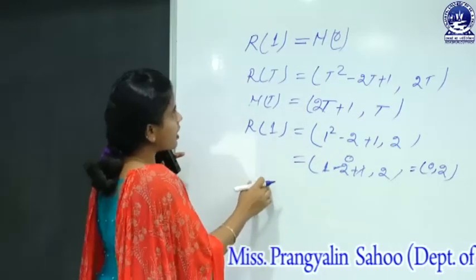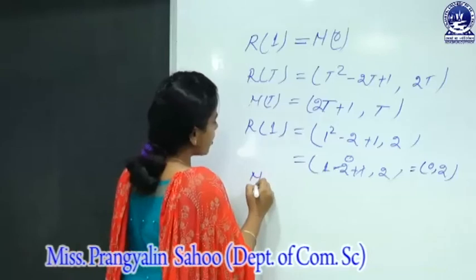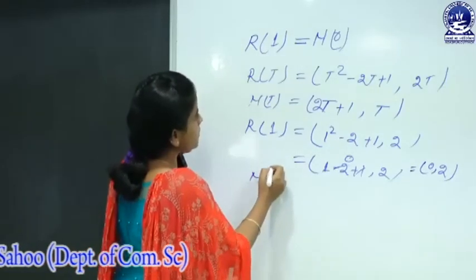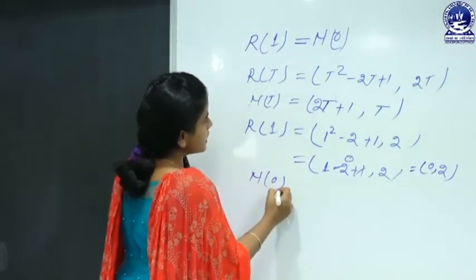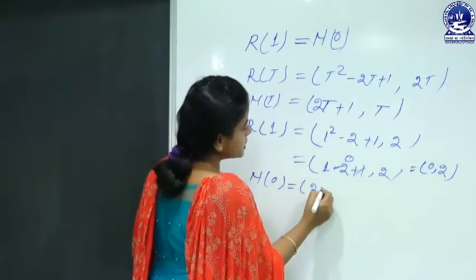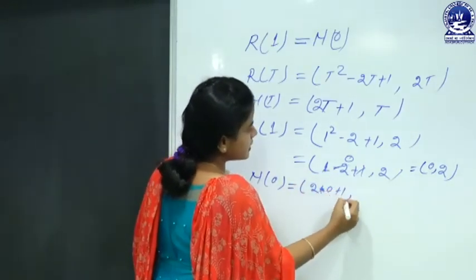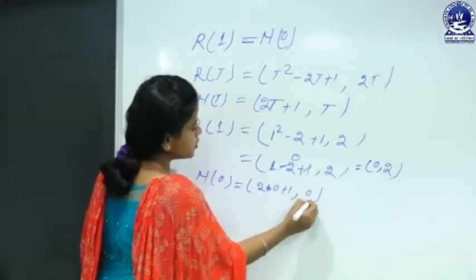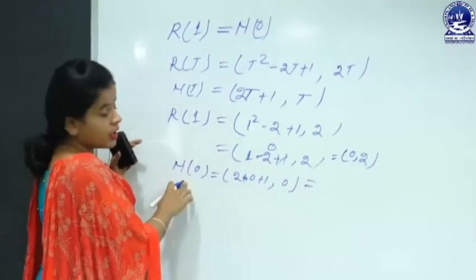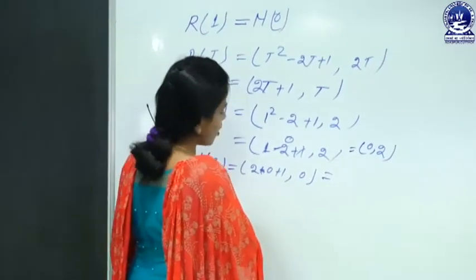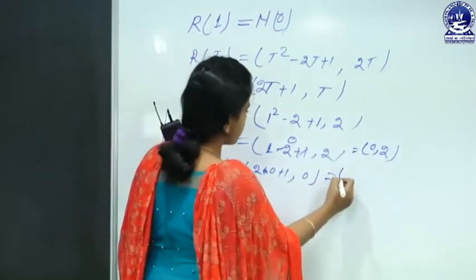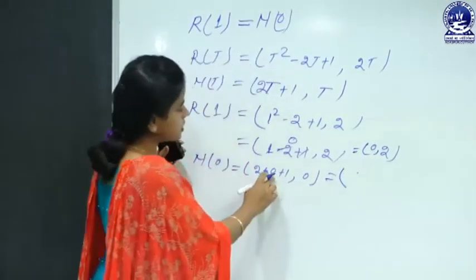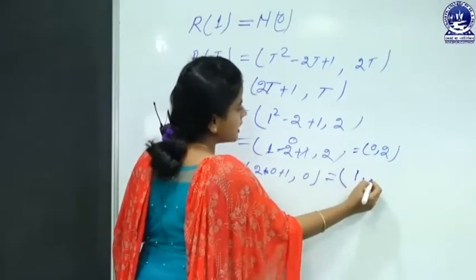Now we find n of 0, that's 2 into 0 plus 1, where the value of t is 0, and the other value is 0. So the zeroth order equation of the curve gives the point 0 plus 1, that is (1, 0).